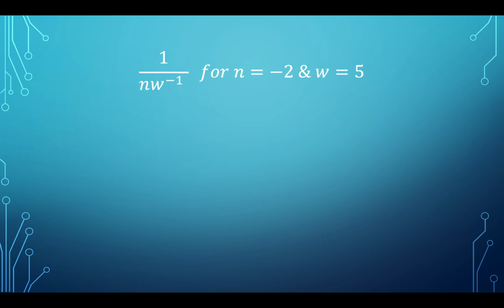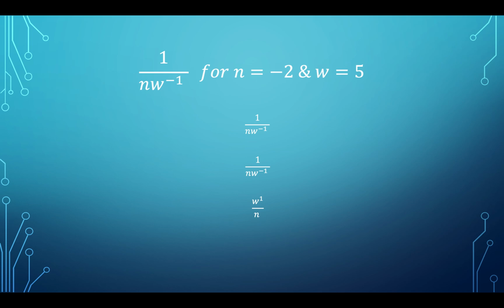Another example. We have 1 over n times w to the negative 1, and n is equal to negative 2 and w is equal to 5. First thing, we don't like that negative 1 in the denominator, so we make it positive by bringing it up to the top.